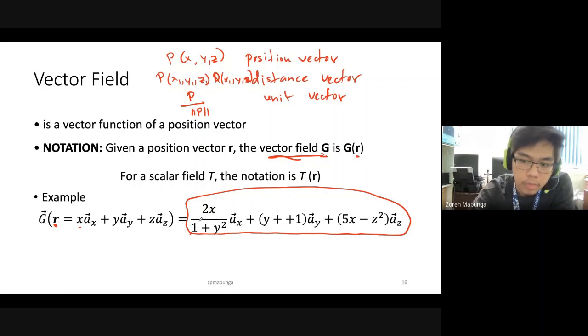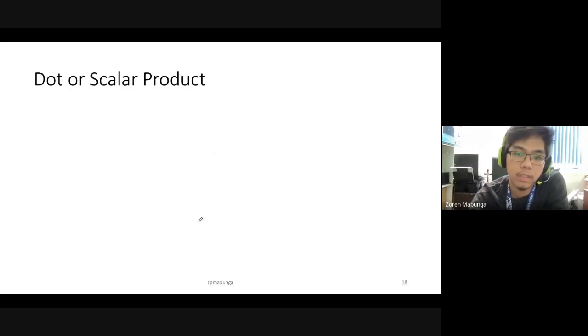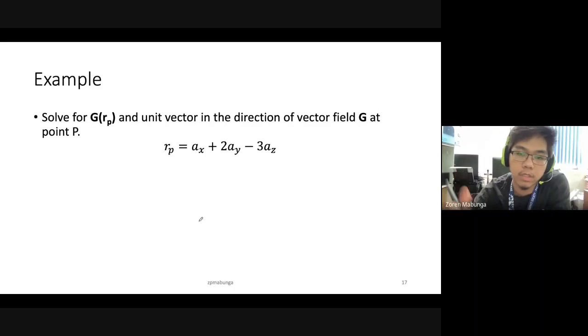Okay? So another example. Solve for G at RP, and the unit vector in the direction of vector field G at point P. Oops, parang kulang given. Ayan, sorry. So, meron binigay na RP. Using this RP, this is your position vector.